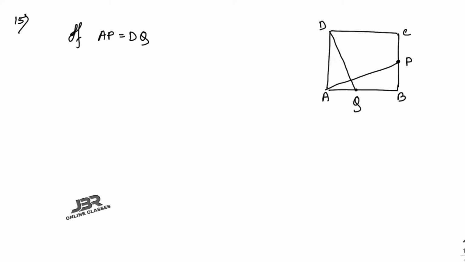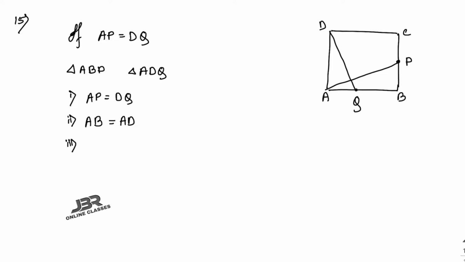So here the two triangles, ABP and ADQ. The first condition: AP is equal to DQ, it's given. Number two: AB is equal to AD, as ABCD is a square, so all sides are equal.